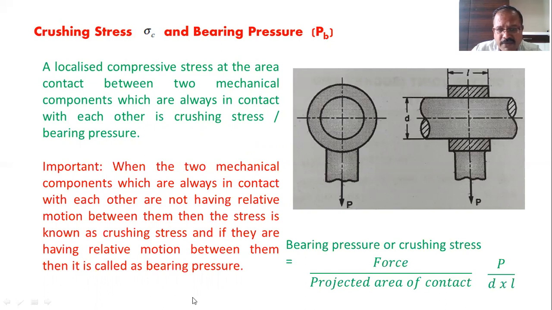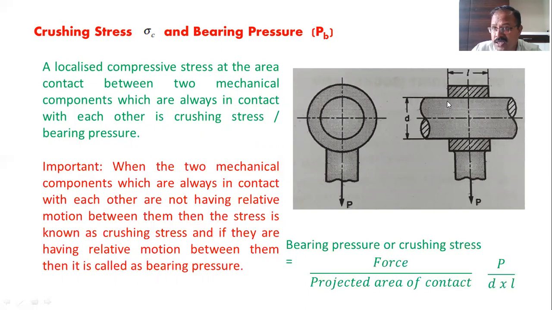And if they are having relative motion, that means the shaft is rotating inside the bearing, then the stress induced will be called the bearing pressure, and both can be calculated using the relation force upon projected area of contact. It should be noted that it is the projected area of contact. In other types of stresses, it is the cross-sectional area.